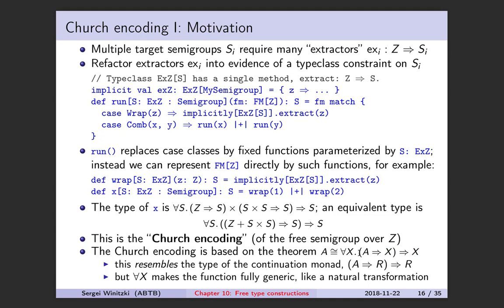So this is resembling a natural transformation between these two functors. And we know that if this is a function with fully parametric code, in other words, code that does not use any type information about X, then this will actually be a natural transformation.